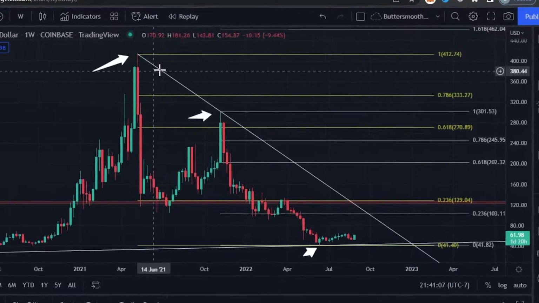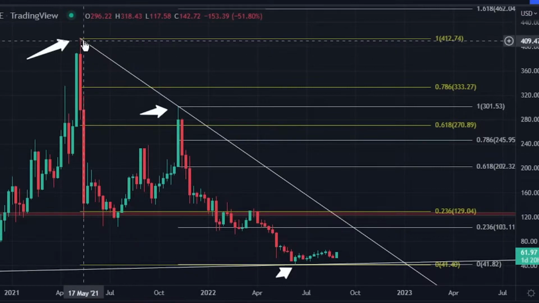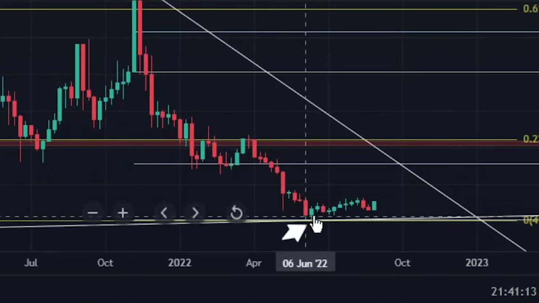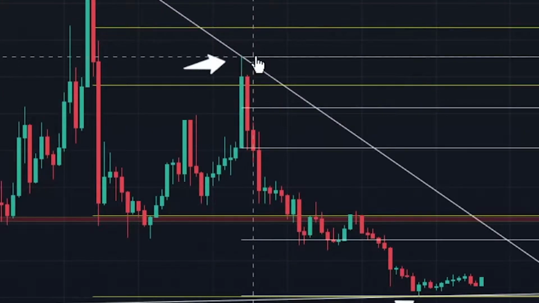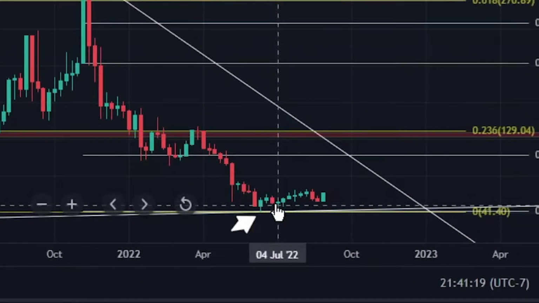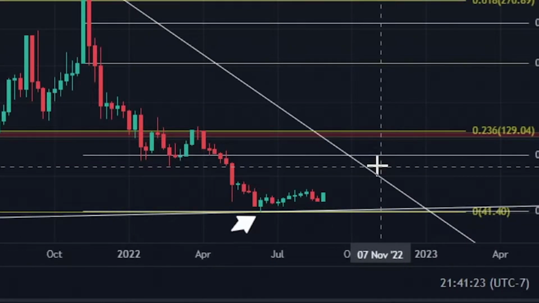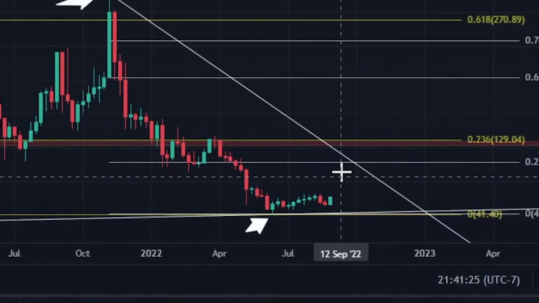So Litecoin, we have our big overall Fibonacci in yellow from the swing high to the swing low down here. We have our white Fibonacci for more recent swing highs to swing lows. It just gives us levels where we could potentially bounce or find a little bit of resistance on the way up.